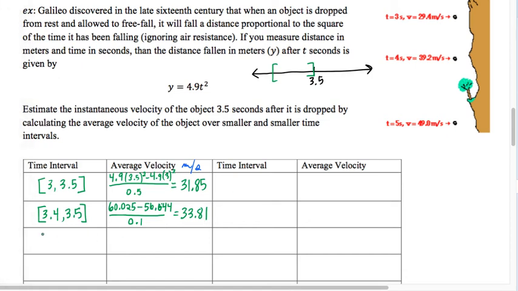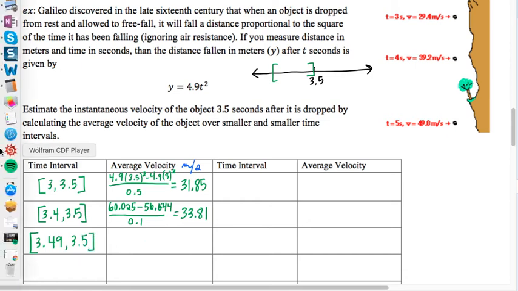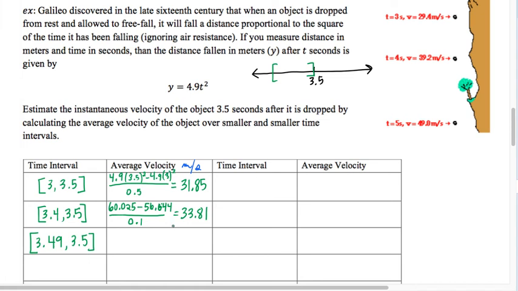All right, obviously to get a better approximation, we can do a smaller time interval. So let's go with 3.49 to 3.5 seconds. That's a time interval of 1/100th of a second. When we plug in 3.5, we're still going to get the same thing, 60.025. The time interval is 0.01 seconds.